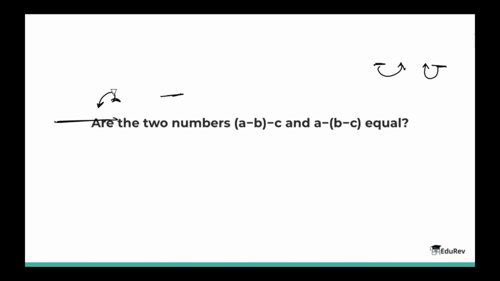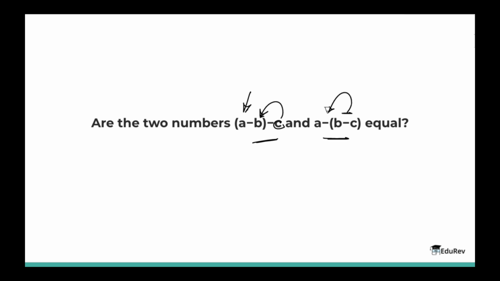Now just tell me one thing. Are these two numbers equal? That is, A minus B and then C is subtracted from the answer, and B minus C first and then the answer is subtracted from A. So the two numbers which I'm going to get, are they equal?